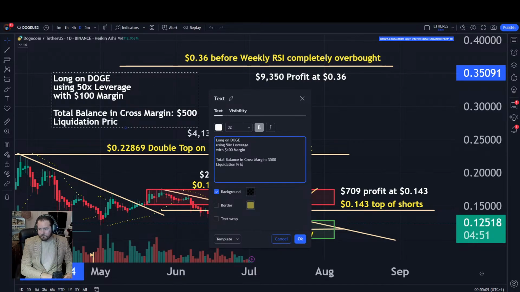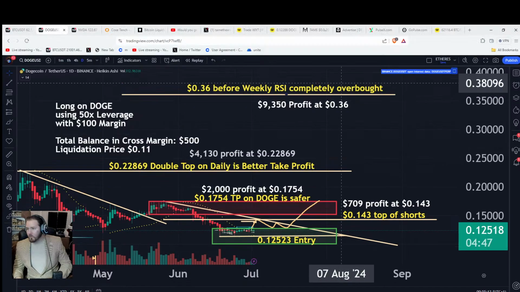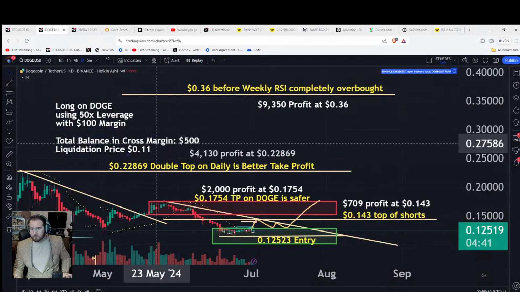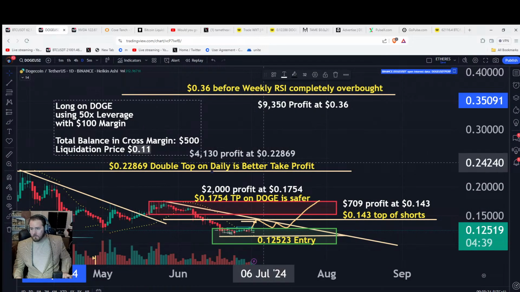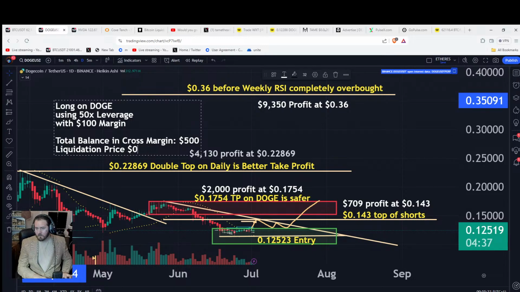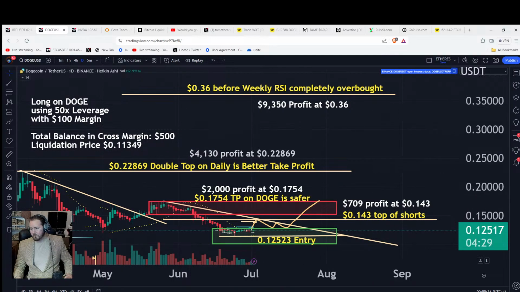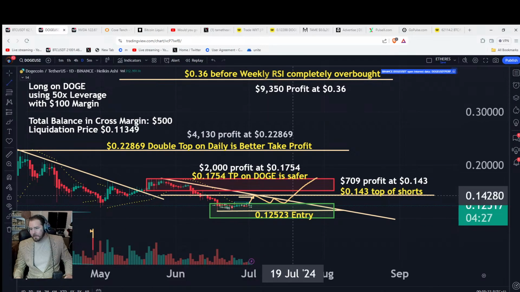Liquidation price. Let me get that liquidation price again real quick. I'm just going to copy and paste so I have the exact numbers. My liquidation price would be 11.349. All right, and then let's add 11.349 down here as well.